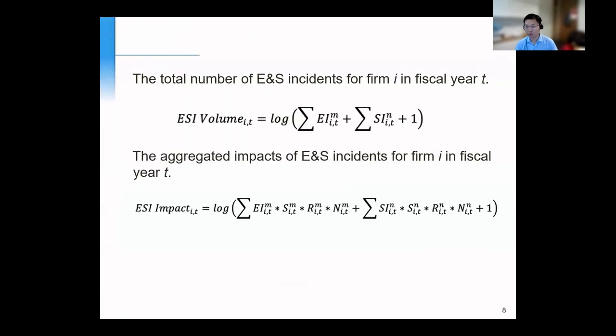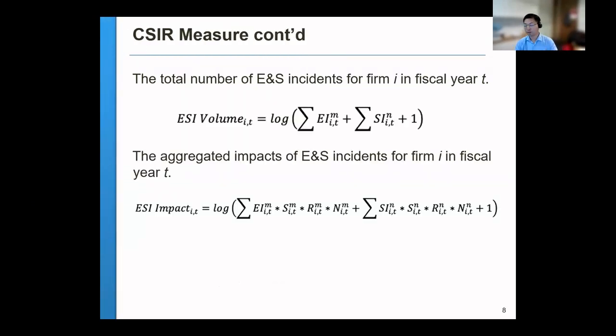Based on those data, we create two measures. The first one simply counts the number of incidents, which we call ESI volume. We count the number of incidents related to the environmental and the number related to the social, and then take the log. The second measure is the impacts.